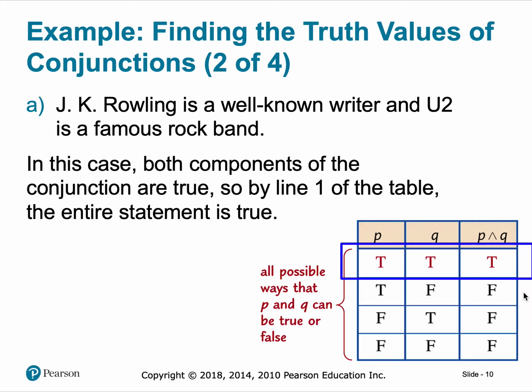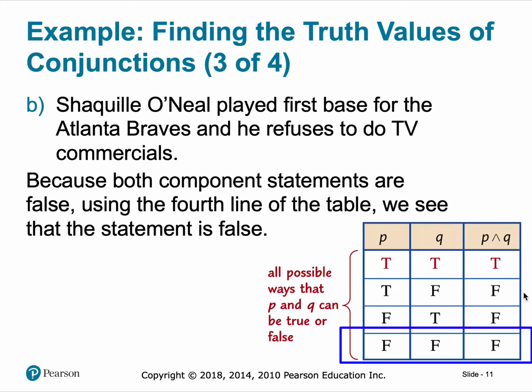Then from what we learned earlier, the compound of P and Q is also true. So that means the entire statement, J.K. Rowling is a well-known writer and U2 is a famous rock band, is true. And that should make sense.